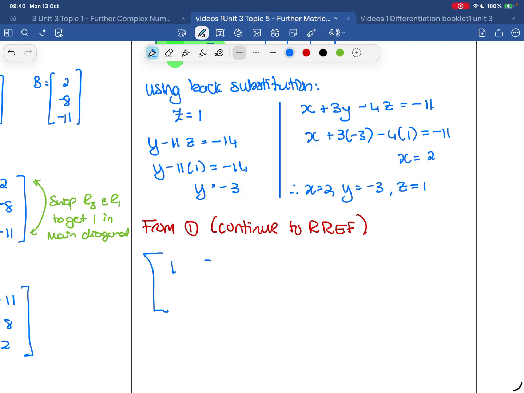So 1, 3, negative 4, 0, 1, negative 11, 0, 0, 1, and we've got negative 11, negative 14, and 1.